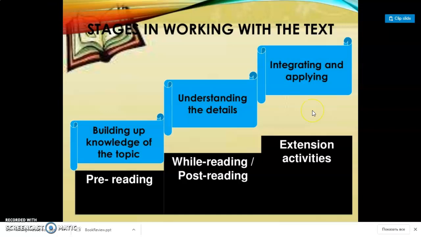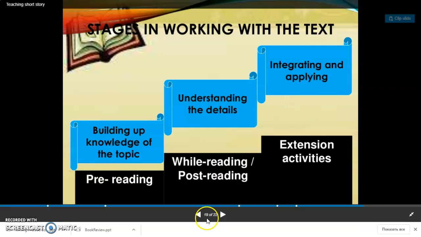For example, during the lesson, students can talk with each other and discuss their interesting moments, and with the help of discussion, they can notice the aspects which they didn't notice when they read alone.